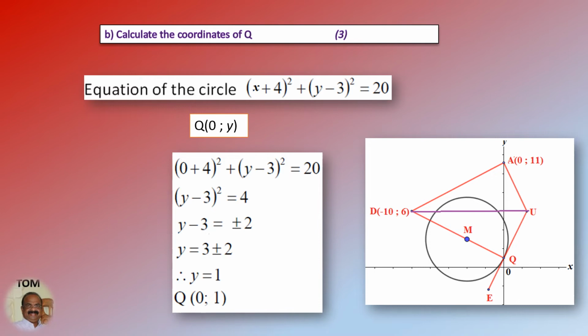Taking the square root on both sides, we have y minus 3 is equal to plus or minus 2. Then y equal to 3 minus 2 equal to 1, or it can be 3 plus 2 equal to 5. But from the diagram we can see that the coordinates of Q must be Q 0, 1.